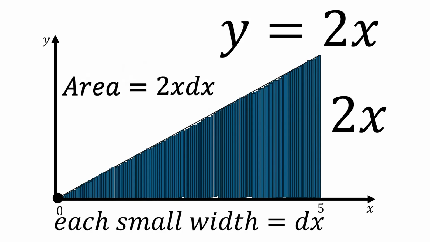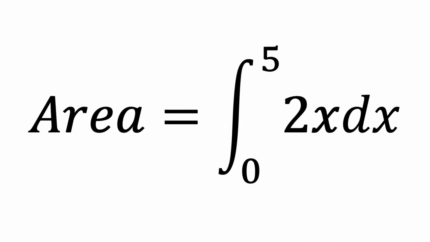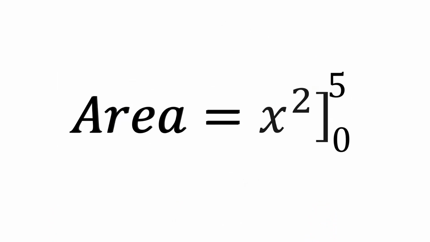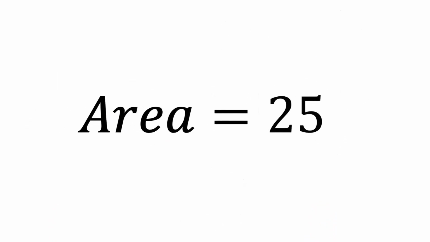To get the whole area from the 0 to the 1 to the 2 to the 3 until the 5th point, we must sum them up, which means integrating from 0 to 5. And we get x squared, we put in the value to get the area 25.